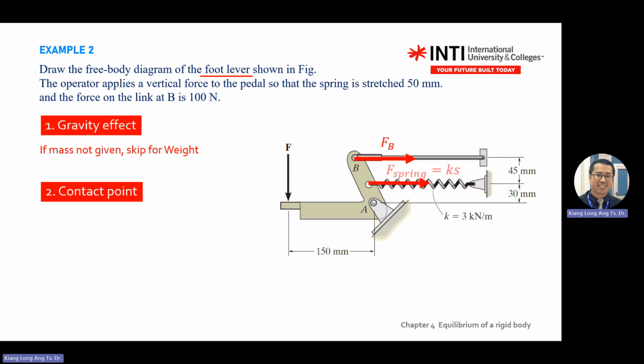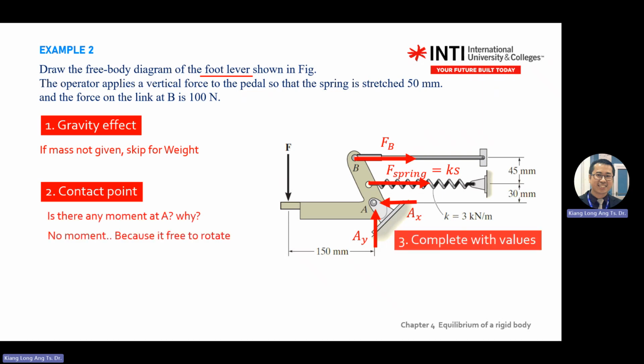So contact points, I give you all. So for example, AX, AY, again, follow the traditional direction. Left positive, go up positive. And this is just to show you. Then you put in the value. After you label, then only you substitute value.